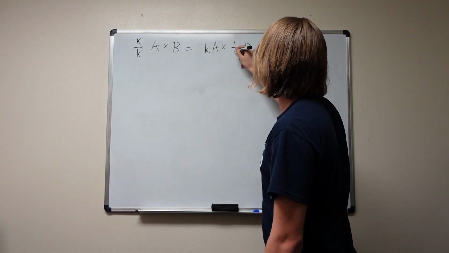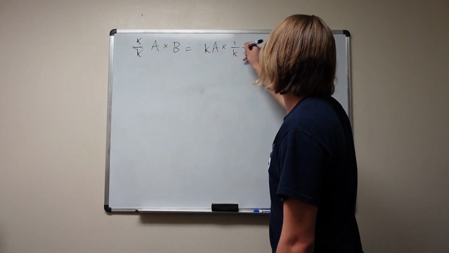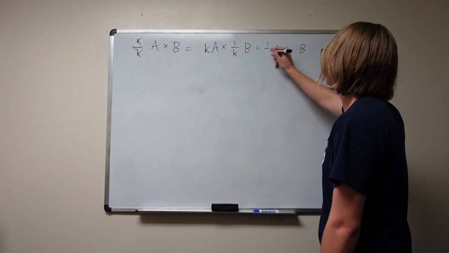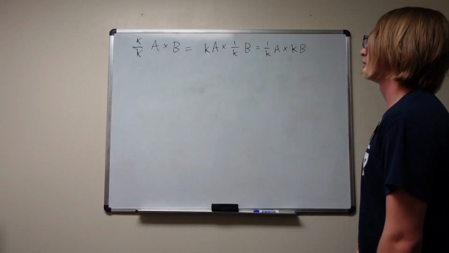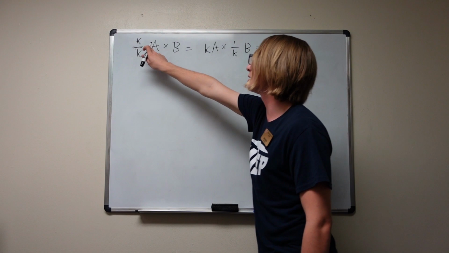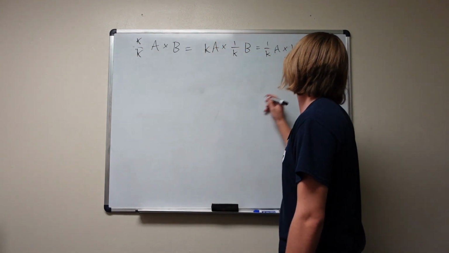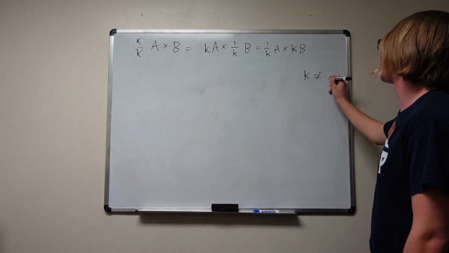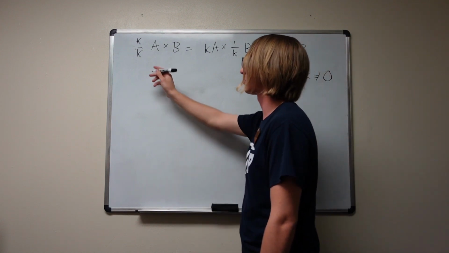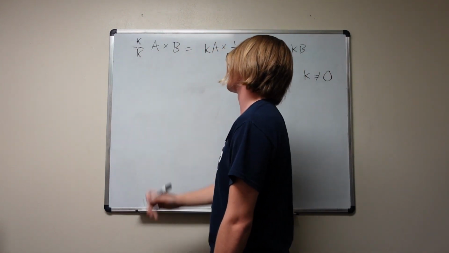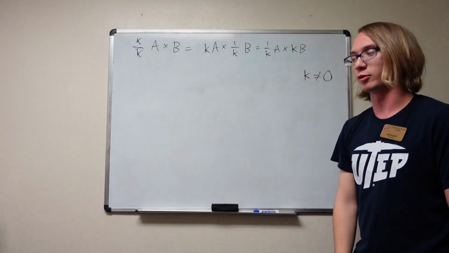K times A times 1 over K times B, or 1 over K times A times K times B, because K divided by K is 1 for all cases except for K cannot be 0. If K was 0, well, you can't divide by 0, so it wouldn't work out.